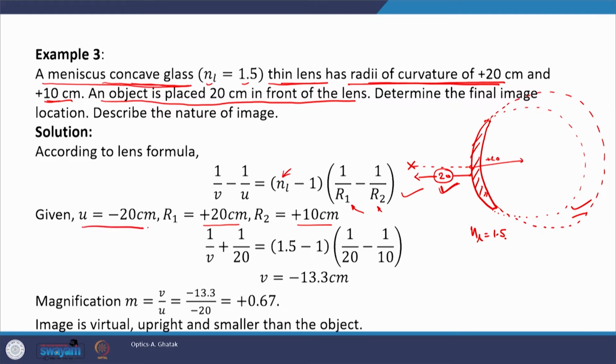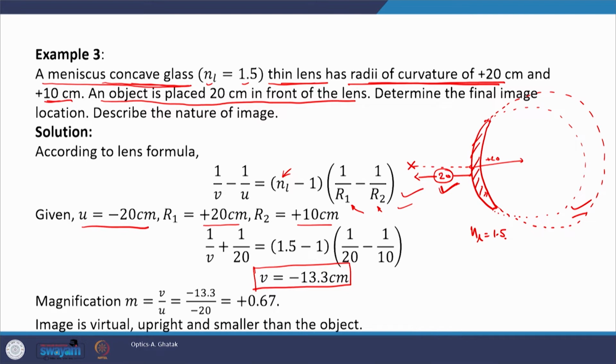Therefore, U would be minus 20 centimeter, and after substituting all these into the lens formula, we get the value of V, which is the position of the image. Since V is negative, the image would be formed on the left hand side of the lens system.